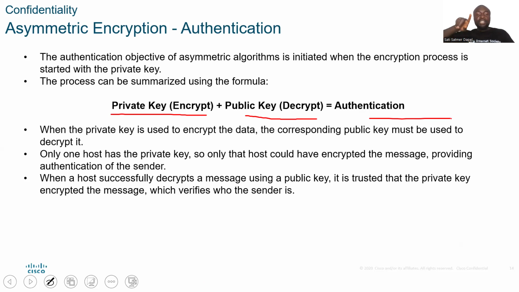So only that host could have encrypted the message, providing authentication of the sender. When the host successfully decrypts the message using a public key, it is trusted that the private key encrypted the message, which verifies who the sender is.